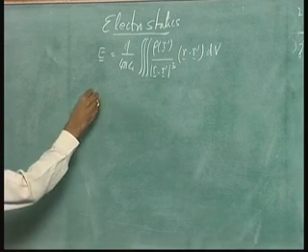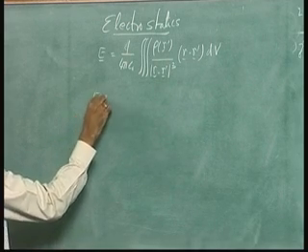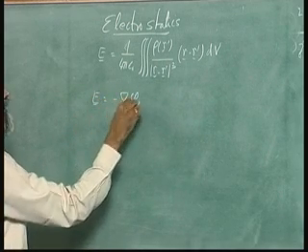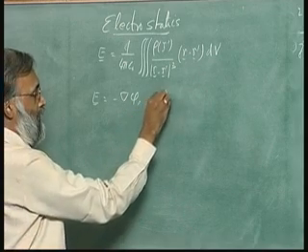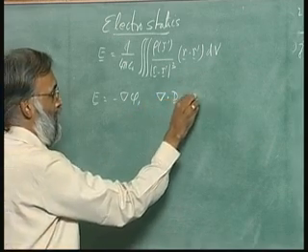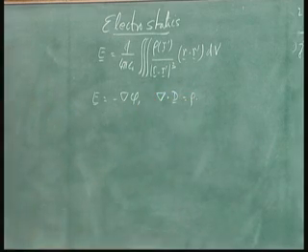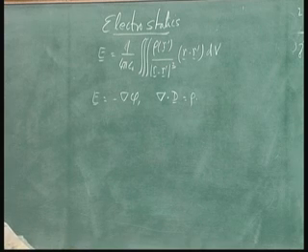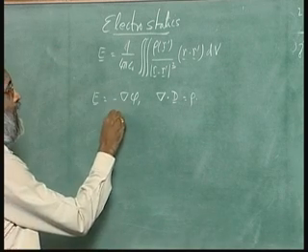And we got from it that the electric field is equal to minus grad phi, and that divergence of D is equal to rho. At the end of this section, we derived Poisson's equation.